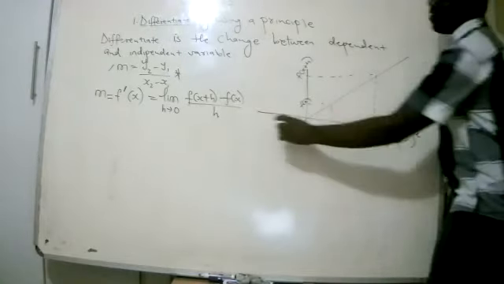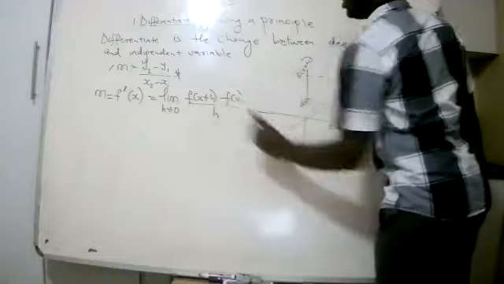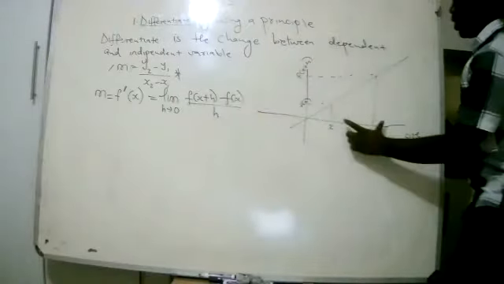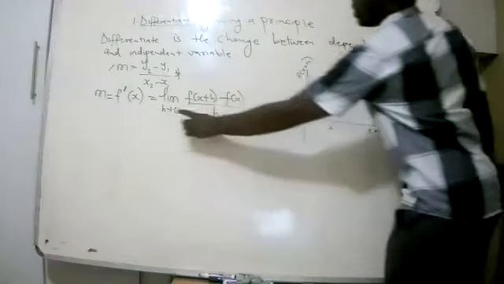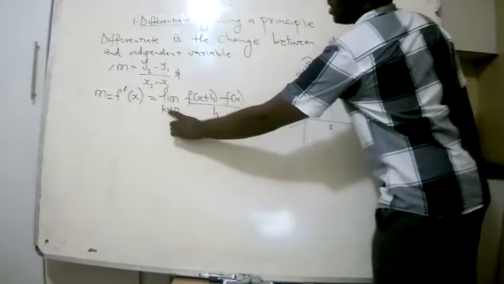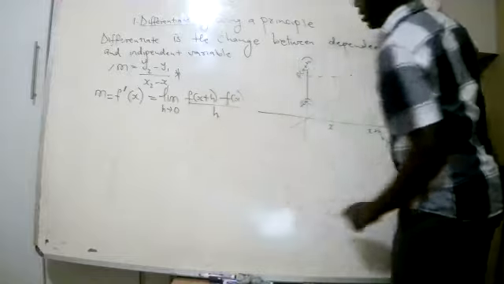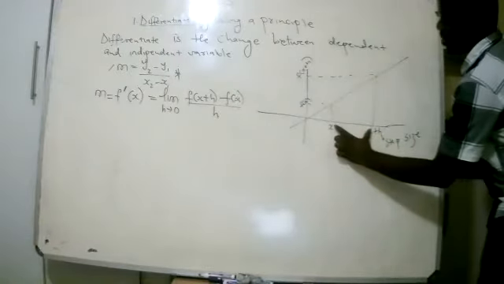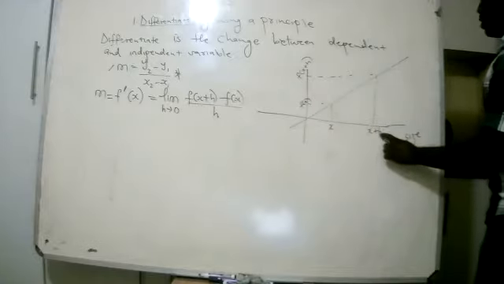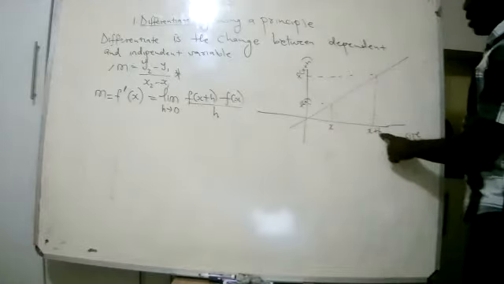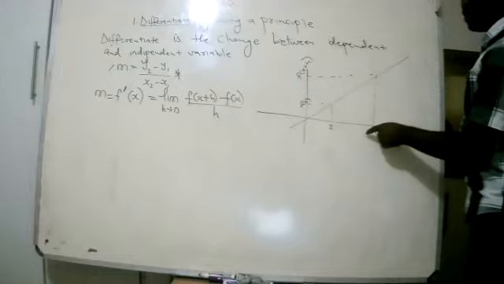Now let's investigate: if this h approaches 0, what's going to happen? You will be minimizing this distance. Let's say we started with h equal to 1, and we now reduce h to 0.5.